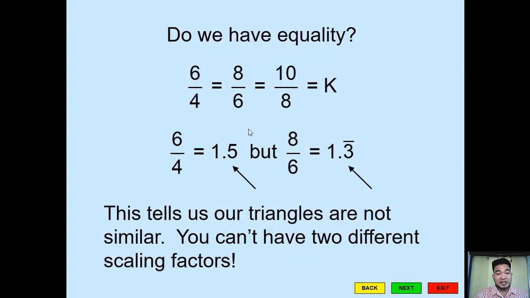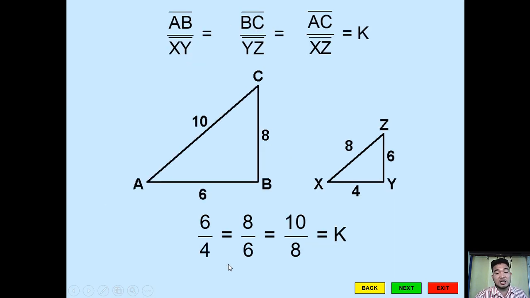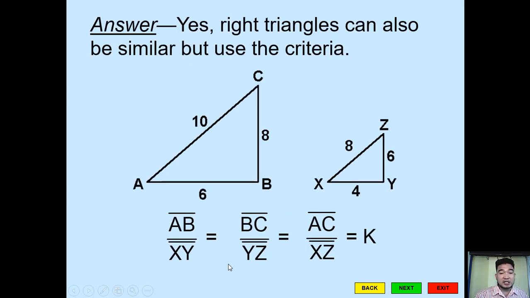And then simplifying this, do we have equality? So 6 over 4 is 1.5, but 8 over 6 is equal to 1.333. This tells us our triangles are not similar. You can have two different scaling factors. So meaning these two triangles are not similar upon using the criteria, but upon looking into the figure, they look similar.